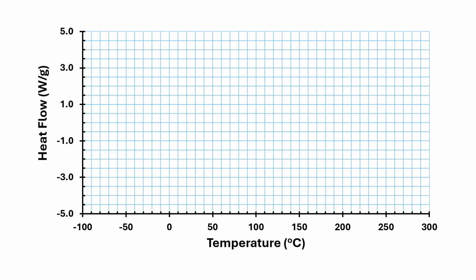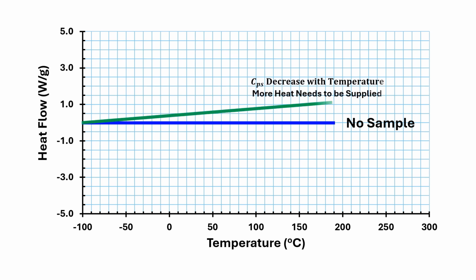If a specific heat of a sample remains constant with increasing temperature, then we should have a horizontal line if we plot heat flow versus temperature. If a specific heat decreases with the increase of temperature, then we should have a linear line with an increasing slope, since more heat needs to be supplied.